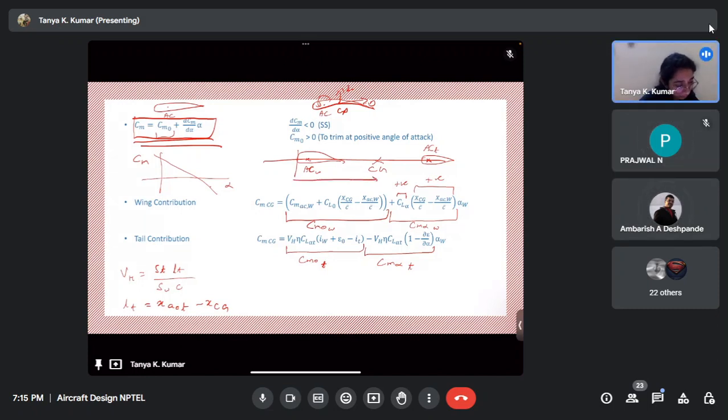Positive, correct. This is XCG and this is XAC tail. So this is positive. So the entire VH is positive. Tail efficiency factor, again positive. CL alpha tail, again positive.